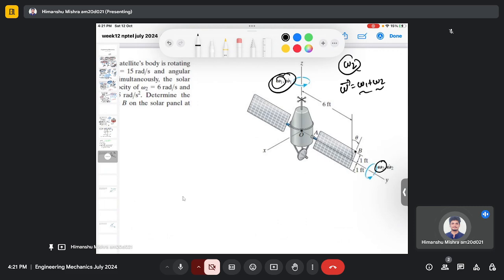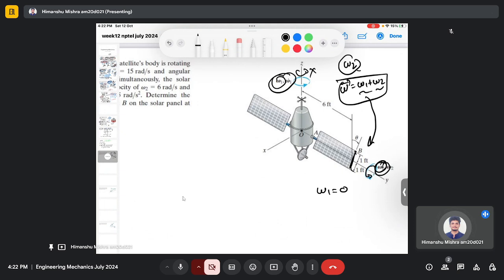This is what we have seen in the previous two questions. Only in the case when omega 1 is 0, which means the satellite is not rotating, is the resultant rotation of this solar panel given by omega 2.